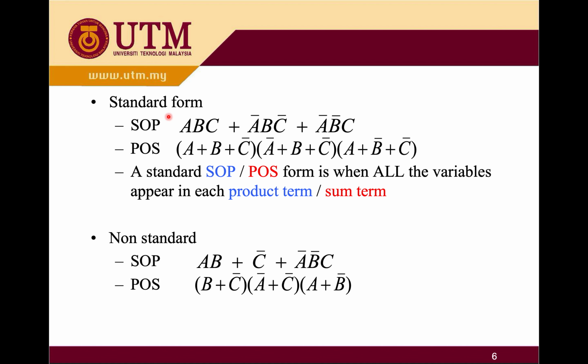You can see over here SOP means that you have a product and then you sum, sum of product, which is you add all the products here. So this is one product, this is two products, and this is three products. This is an example. And then for POS, you will sum first and then you will take the product.